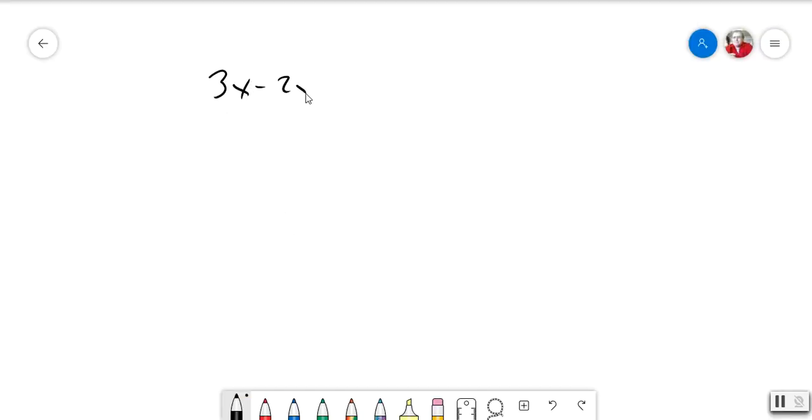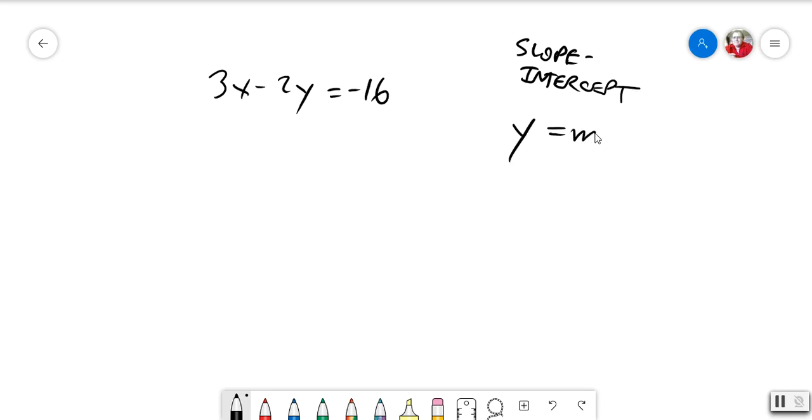Well, the slope-intercept form is y equals mx plus b, where m is slope and b is y-intercept.